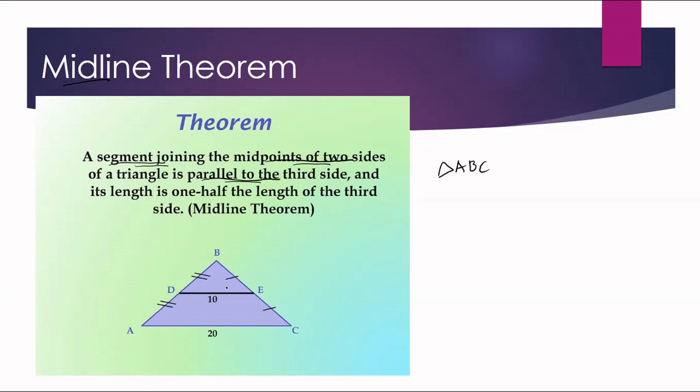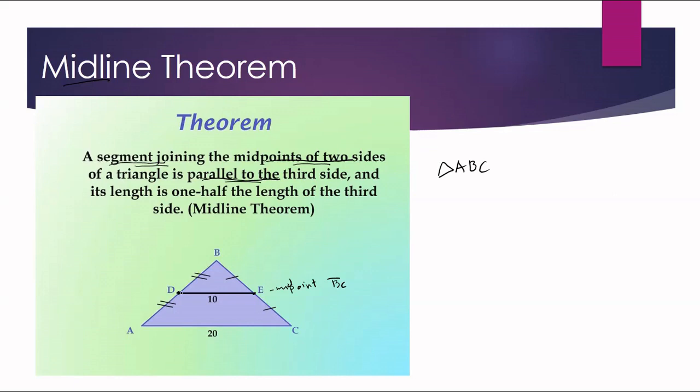So this is our triangle ABC. If you look here, this is point E. Based on the markings here, BE is congruent to EC, which means that point E is the midpoint of segment BC. In the same manner, we have point D here.